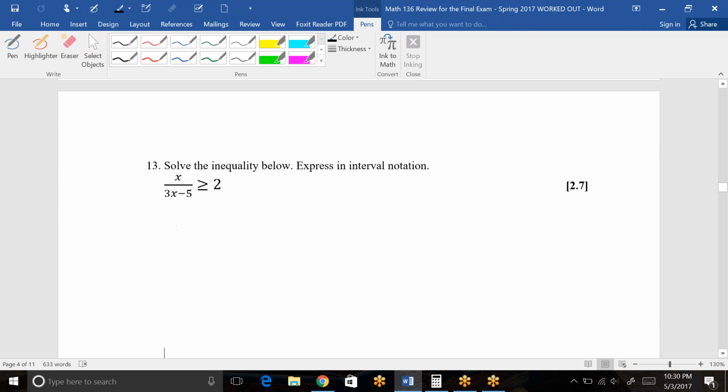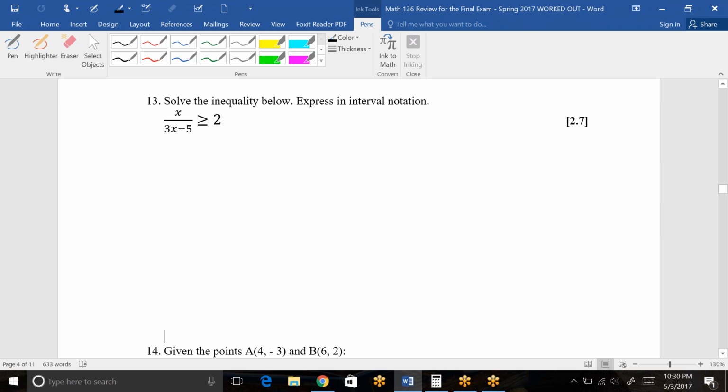All right, number 13 is a rational inequality, which means this is the first time we introduce the idea of the chart method. So the big idea is that you need this to be 0. So we need to subtract that 2 over.